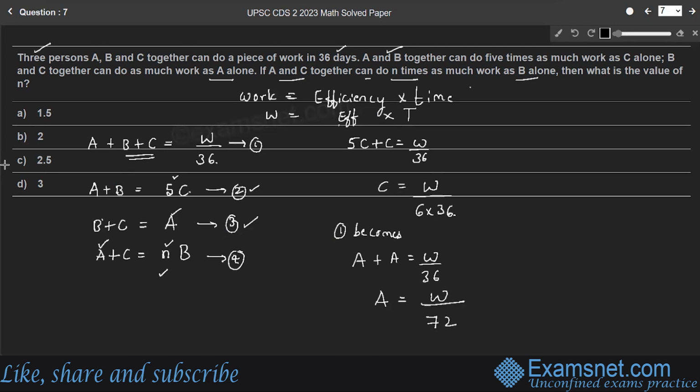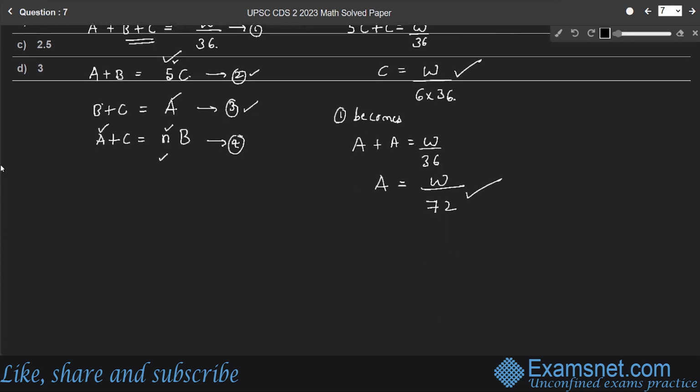Right? So now consider the efficiency of C and A. So equation 4 becomes A plus C is N into B. So for that we need the efficiency of B. Since A plus B is 5 times C, substitute all the values.